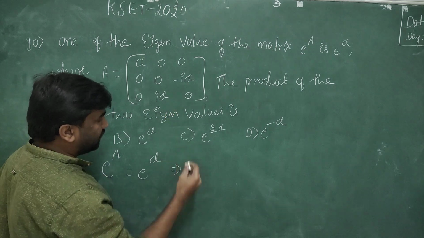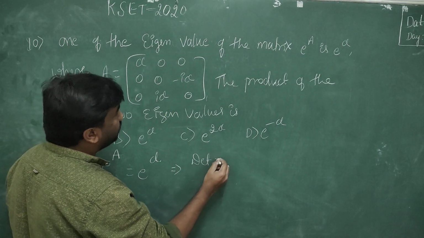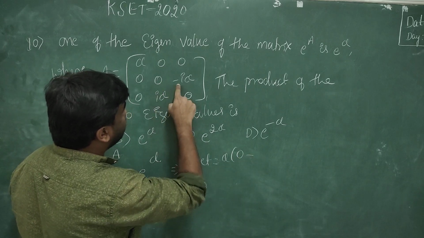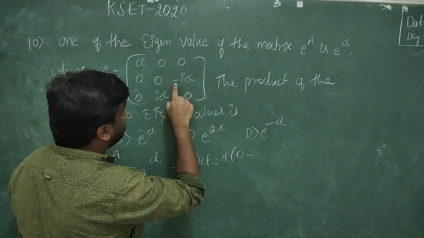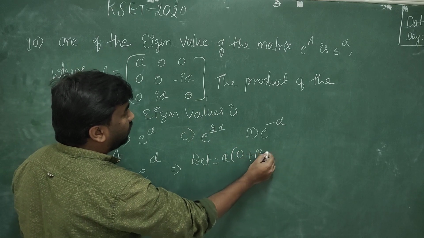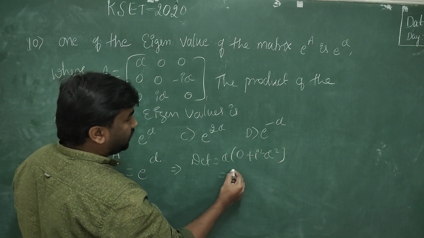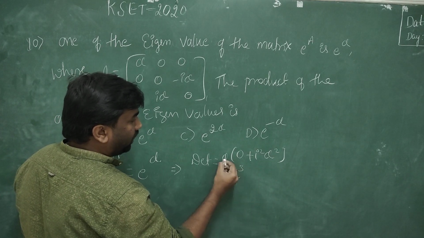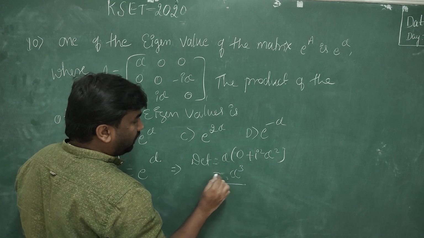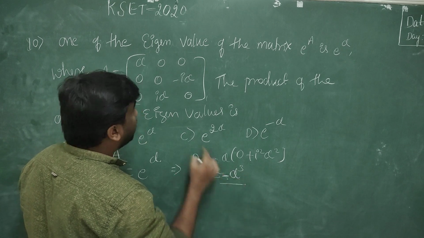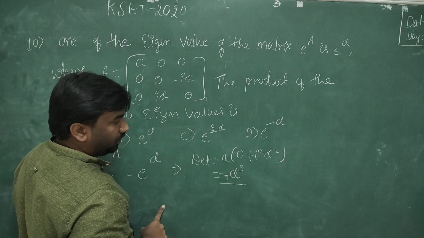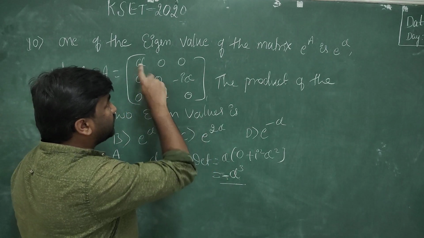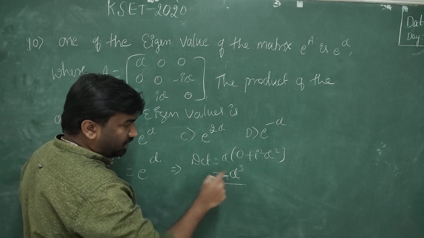For this matrix, the determinant is alpha times 0 minus (i squared alpha squared), which is alpha times minus alpha squared, so the determinant is minus alpha cube. The trace is alpha. If we add the eigenvalues, we get the trace, and if we multiply them, we get minus alpha cube.